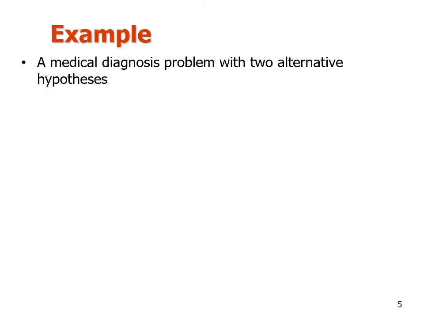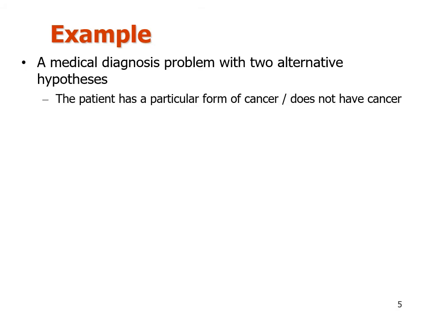So we have a medical diagnosis problem with two alternative hypotheses: the patient has a particular form of cancer, or the patient does not have the cancer. The data is available from a particular laboratory test with two possible outcomes, positive and negative.